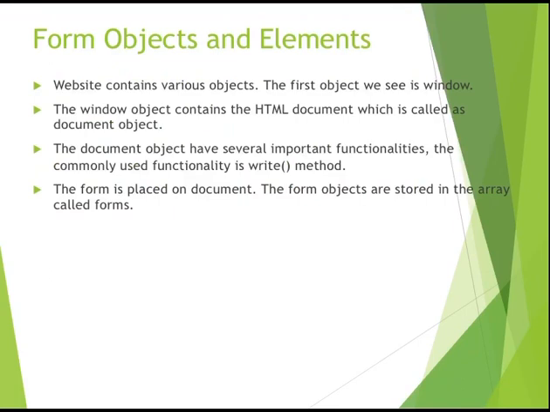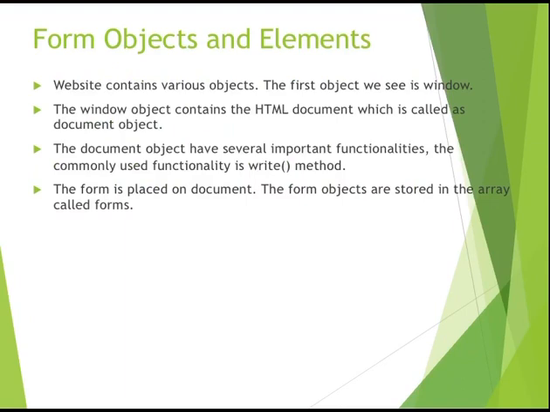So, form objects and elements. Your website contains various objects, right? The very first object that you see on any website is the window object. The window object contains the HTML document, called the document object. This document object has several important functionalities, and the most commonly used is the write method.